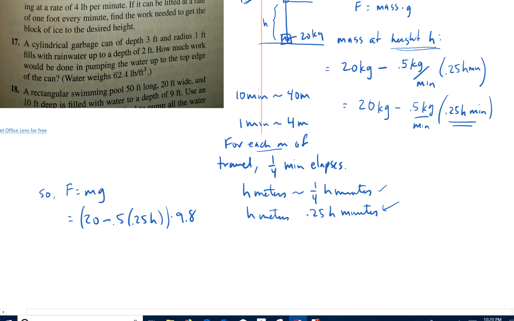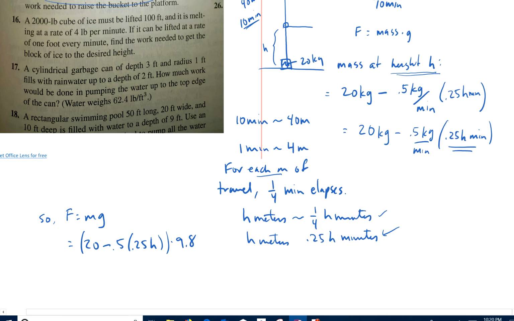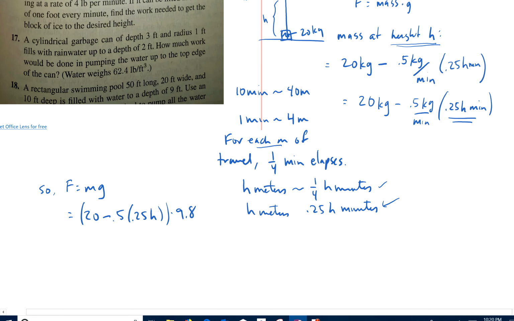That's the force that's acting on this bucket at any point, any distance h up from the ground, right? So the work done, what would the work be?